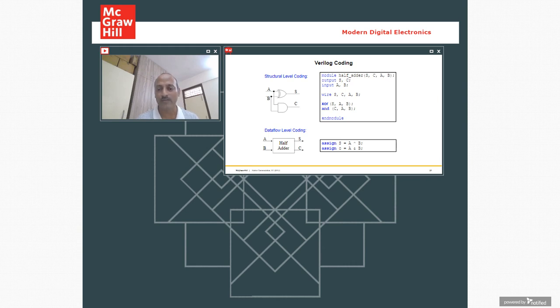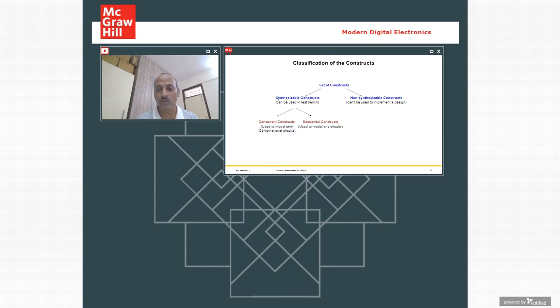When it comes to HDL, this is the first place where students will get confused. The language HDL consists of two sets of constructs: synthesizable constructs and non-synthesizable constructs. If you do not introduce this to them, they will be really in soup.